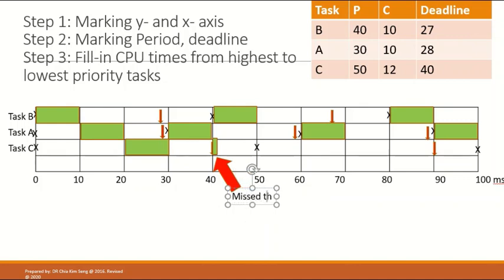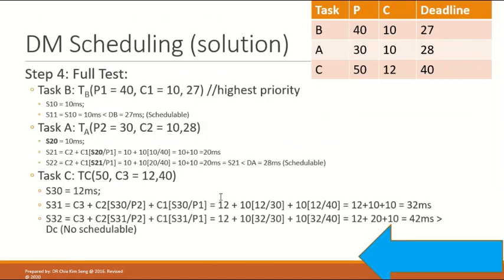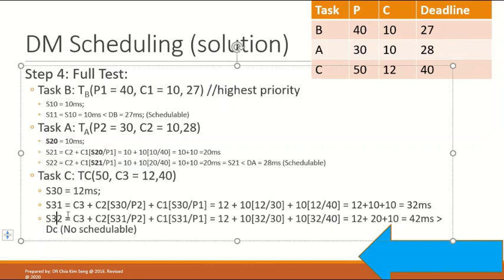Okay, clear. So if we compare this one to our calculation, our calculation clearly shows that you're going to miss the deadline here, am I correct? So that's why the full test is very important. Without it, the activation diagram can help us figure out whether we miss the deadline or not.